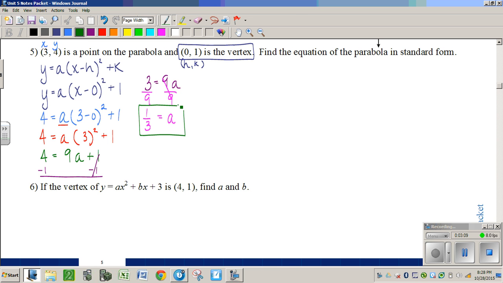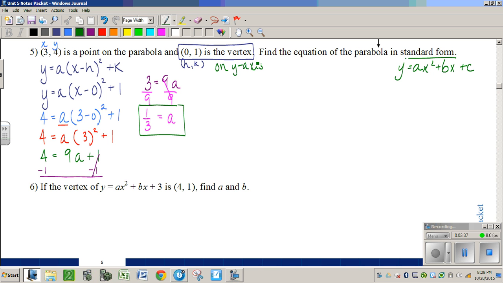Okay, now remember that our question asked us to put it in standard form. So standard form is y equals ax squared plus bx plus c. And since our vertex is (0, 1), if you plot the point (0, 1), that would also be on the y-axis.